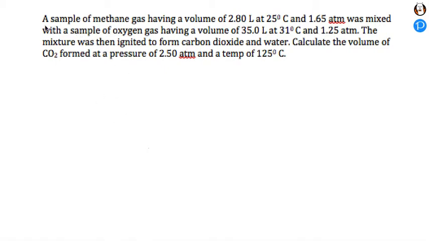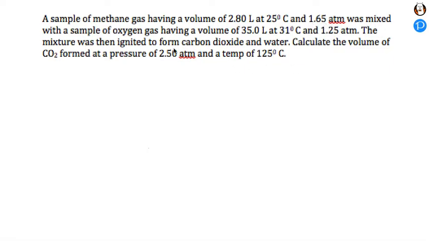So if we read this problem, it says a sample of methane gas which has a volume of 2.8 liters at 25 degrees Celsius and a pressure of 1.65 atmospheres.